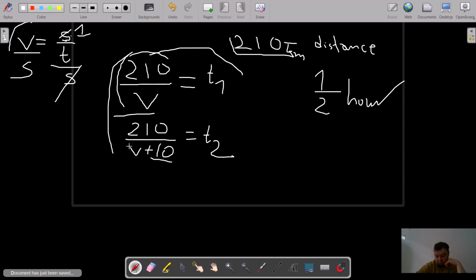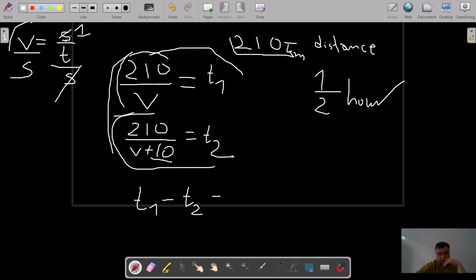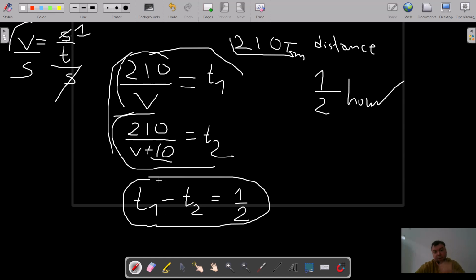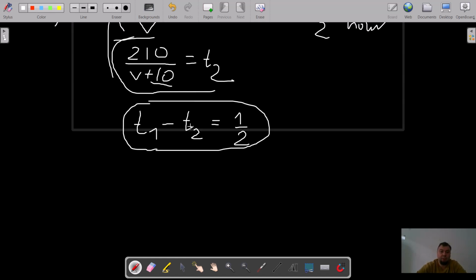The time which is shorter is t2. So what we need to do is t1 minus t2 equals half an hour. I mean, that will be our equation. This is our base equation: t1 minus t2 equals 1 half.